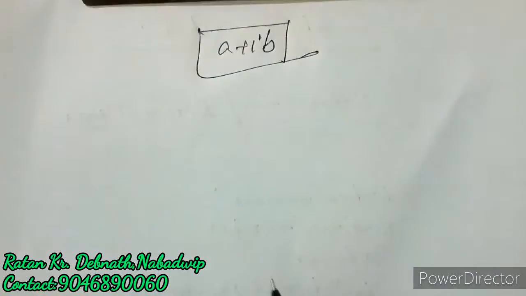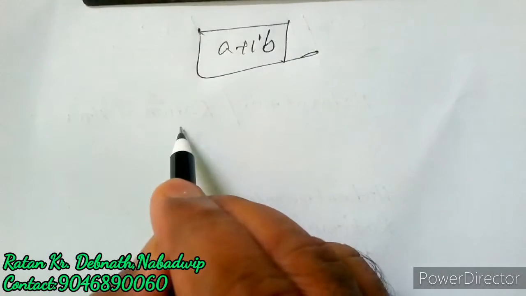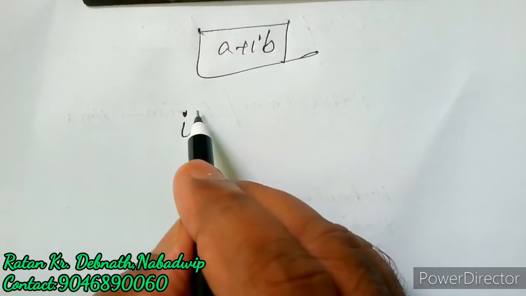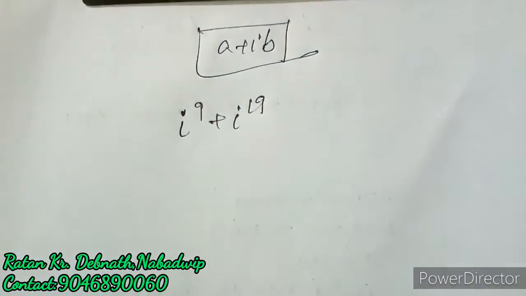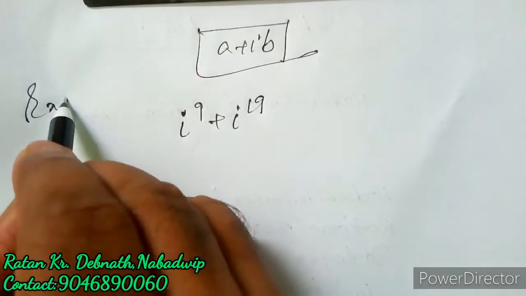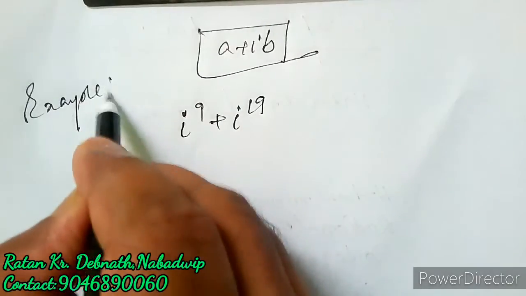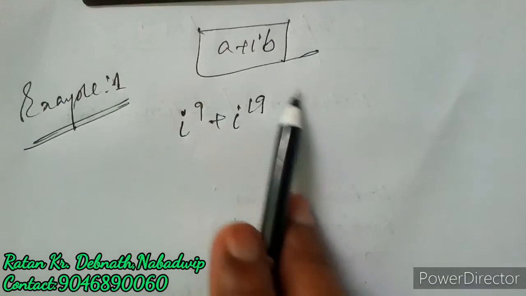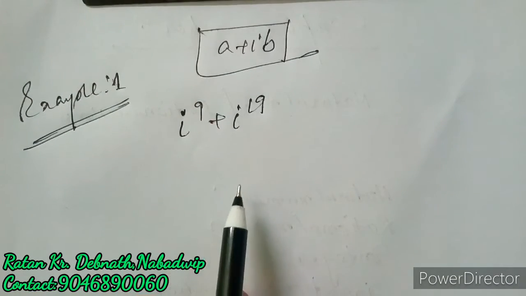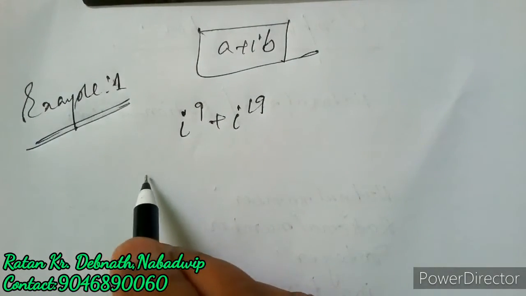You already know what a plus ib form is. So we have to express this complex number in a plus ib form.